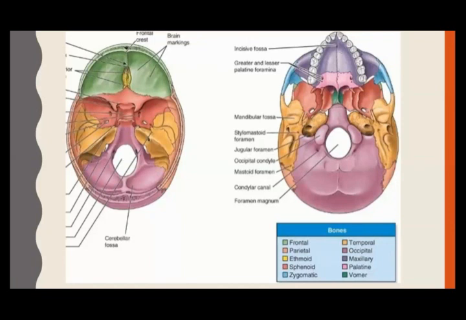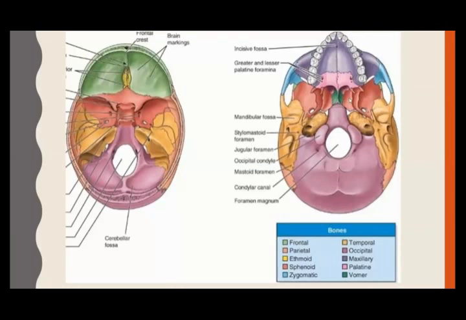Now please note that what you see here is the hard palate, the under surface of the hard palate. The hard palate is formed by the maxilla and by the palatine bones. The palatine bones articulate with each other in the midline.